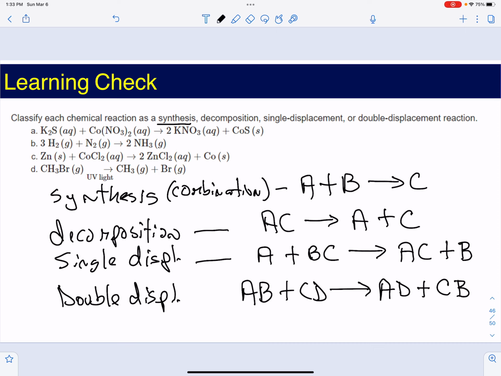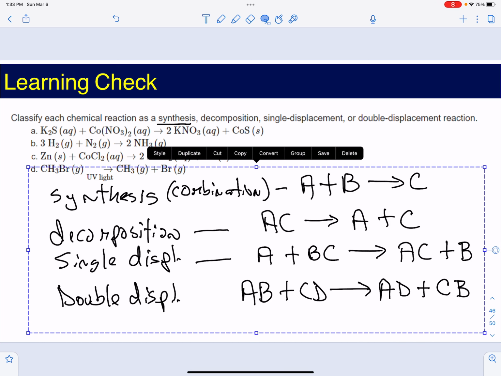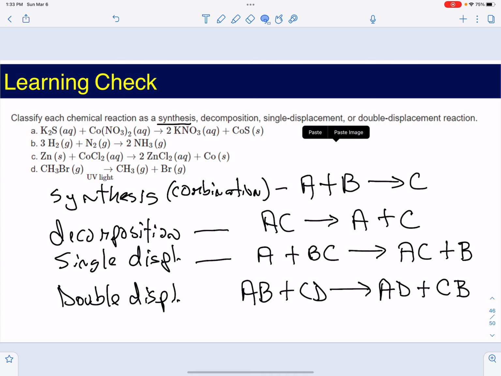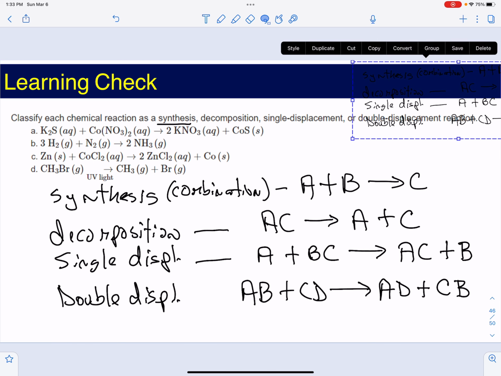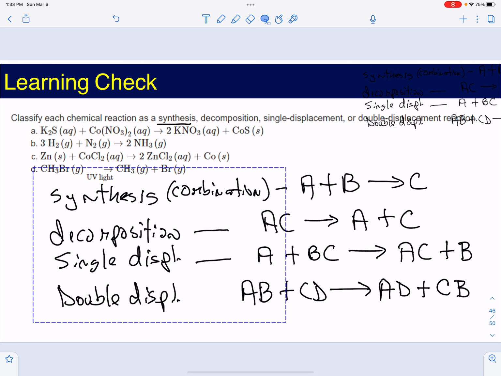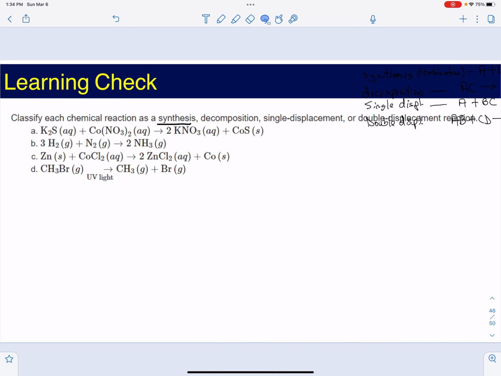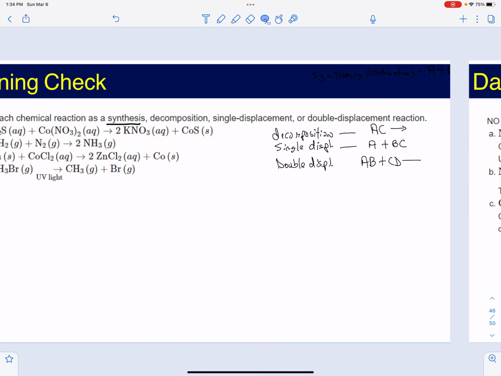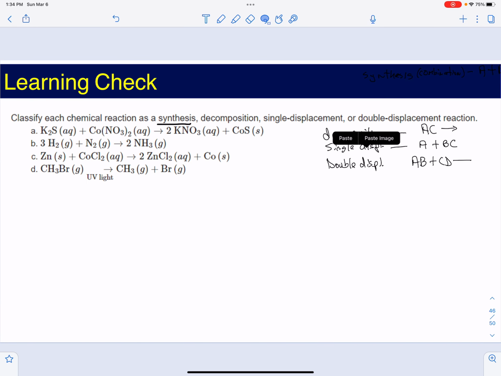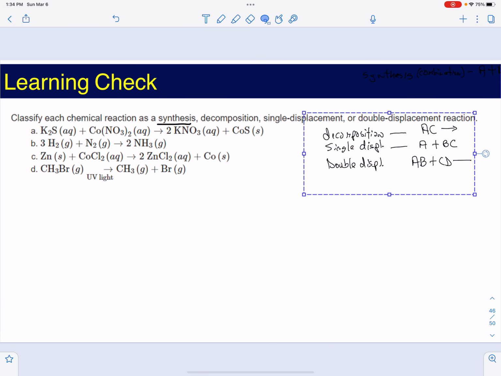So let's go ahead and do that. Let me do something here real quick. So here are our patterns.